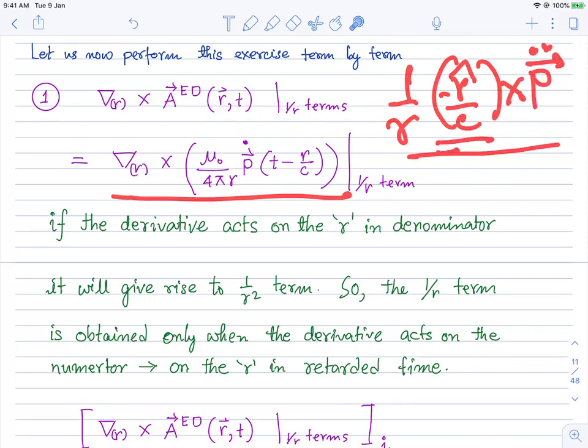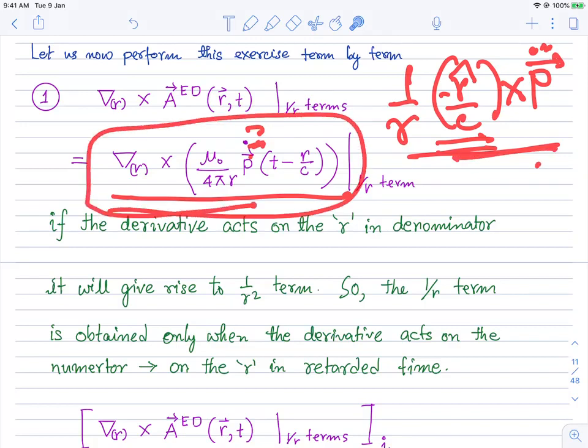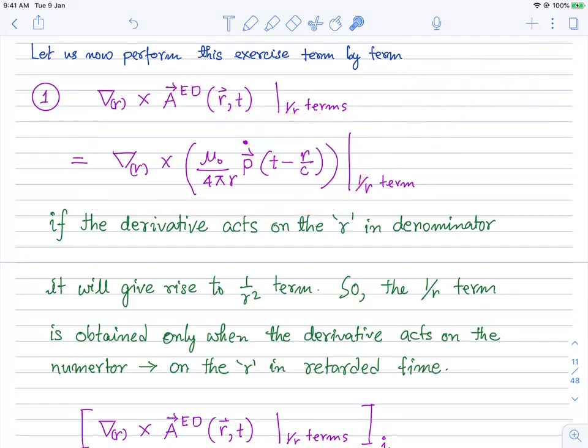So you take a cross with minus r hat by c and you increase one of the dots here, and that will give you the leading order piece, the 1 over r piece, when you take the curl. This is a very useful thing to remember, more like an algorithm. Whenever you see the curl, you put in one dot and replace this by minus r hat by c. The minus r hat by c comes because the derivative goes and hits this r here.